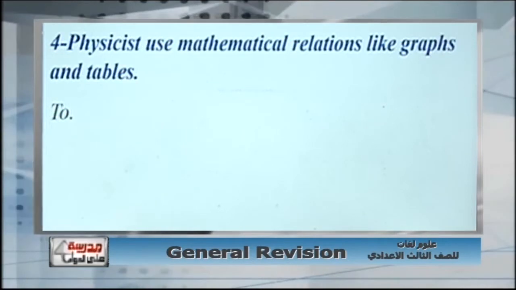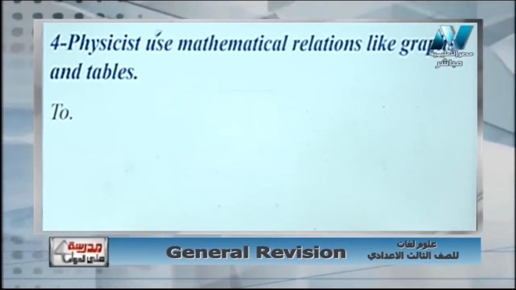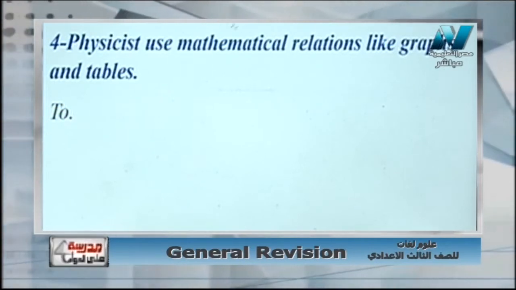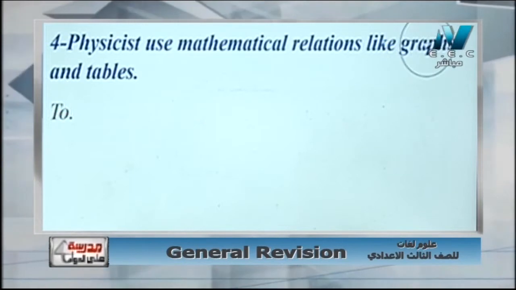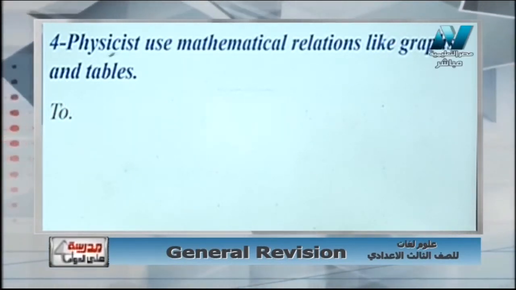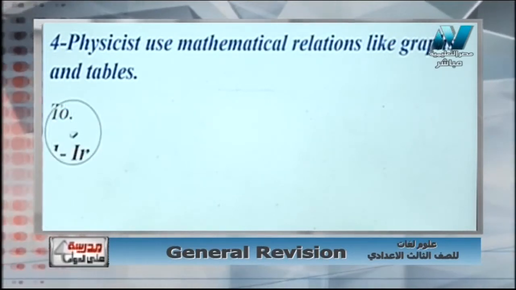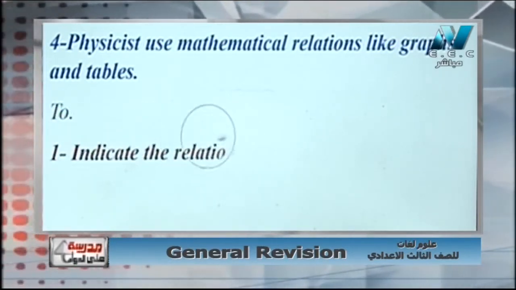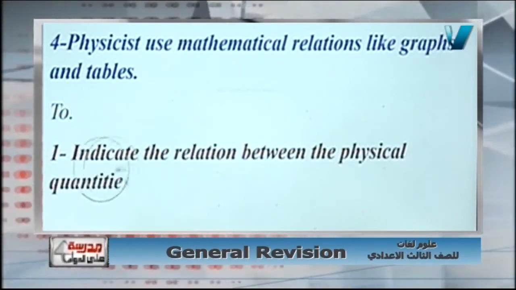Number four, physicists use mathematical relations like graphs and tables. Why? Number one, to indicate the relation between the physical quantities.